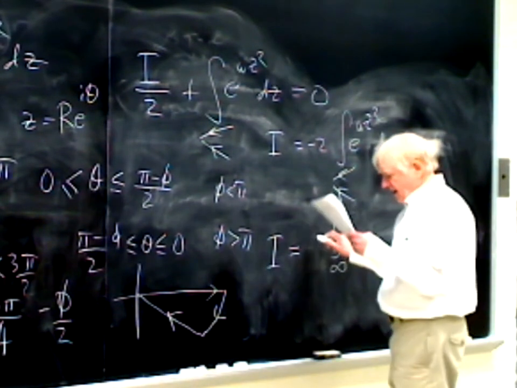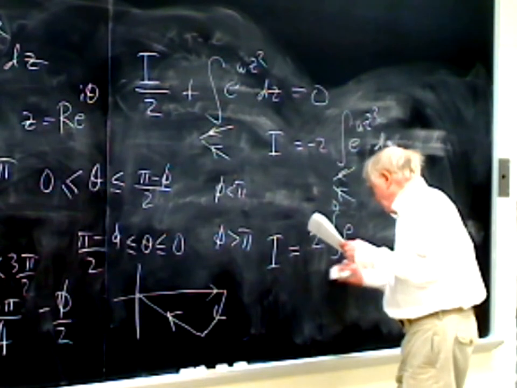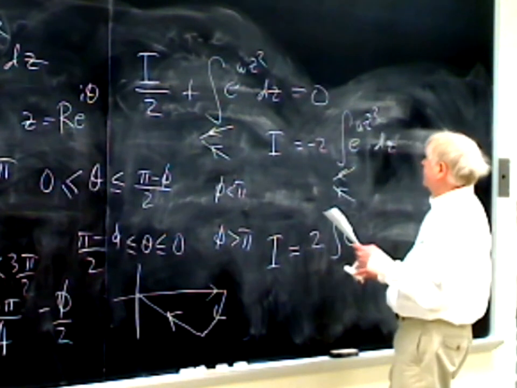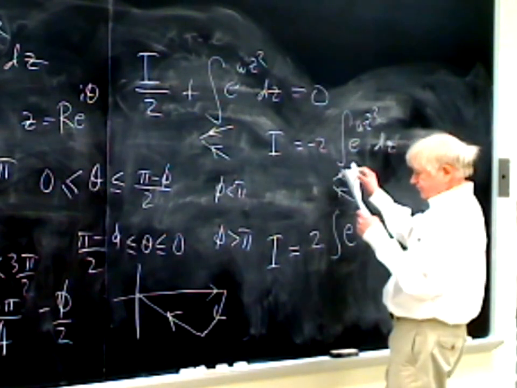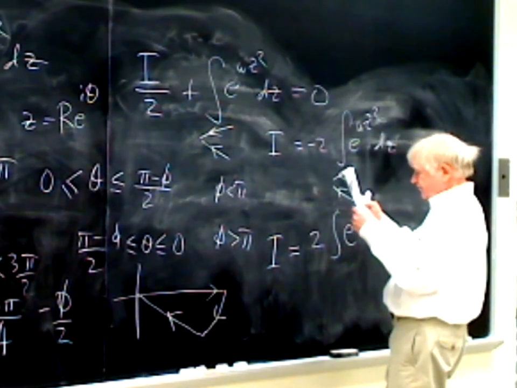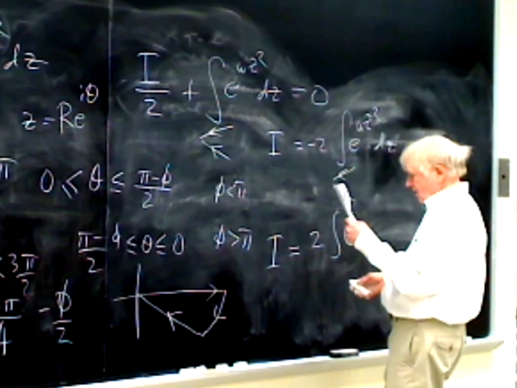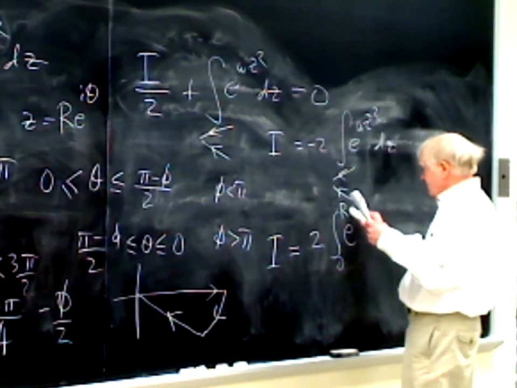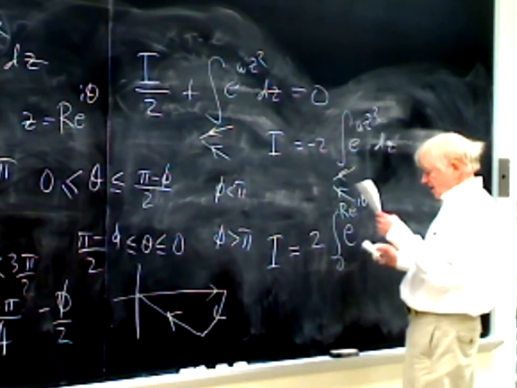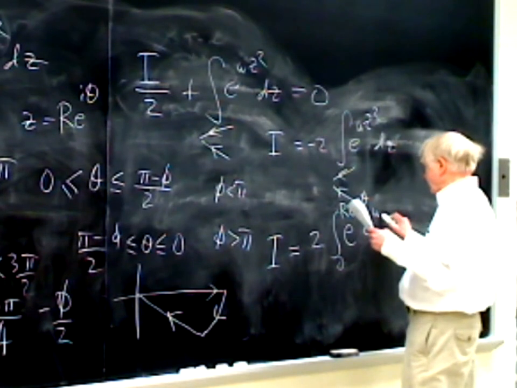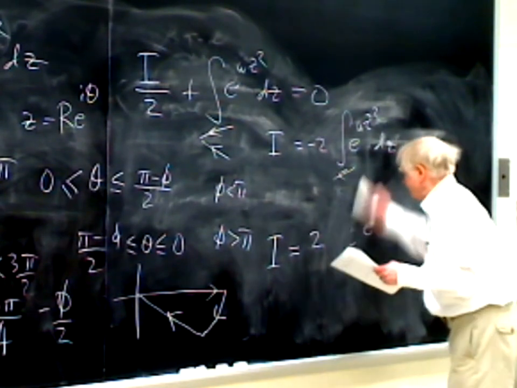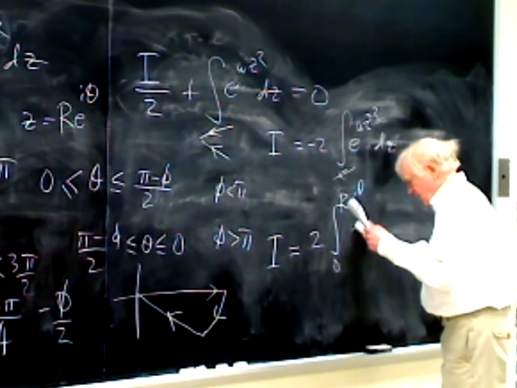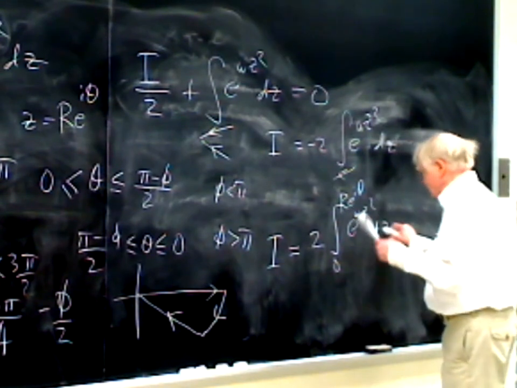So what we get is I is equal to 2 integral 0 to r e to the I theta, e to the wz squared dz.